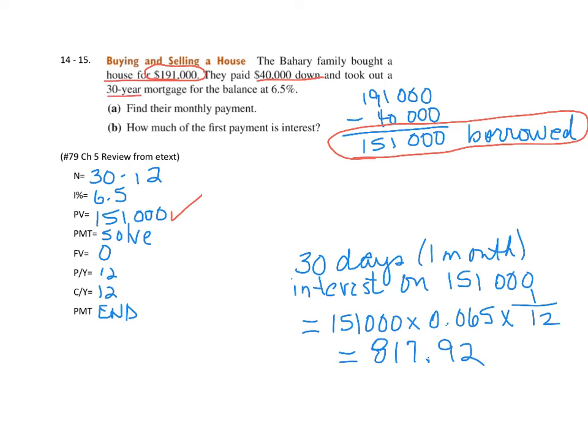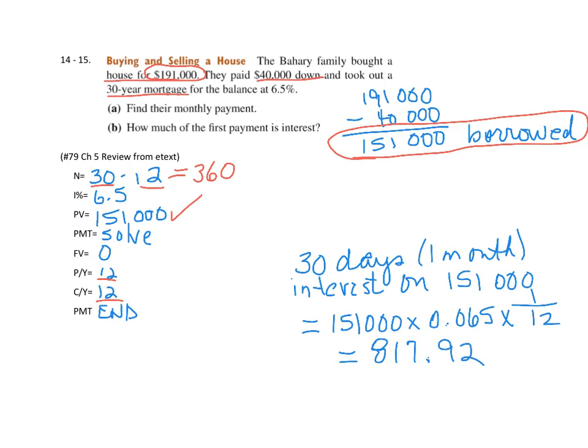They took a 30-year mortgage, and remember, mortgages are paid monthly. And for 30 years times 12 payments a year, that's a total of 360 payments. So our number of payments is 360 at a 6.5% interest rate.